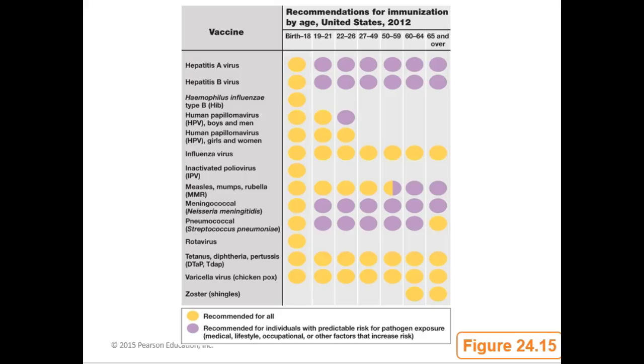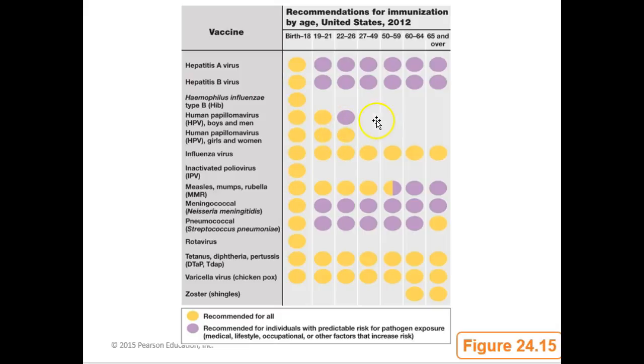This is a picture of recommended vaccines. I don't know what to say about this except everybody should get their polio vaccine. And if you haven't, then they've actually added this on here.